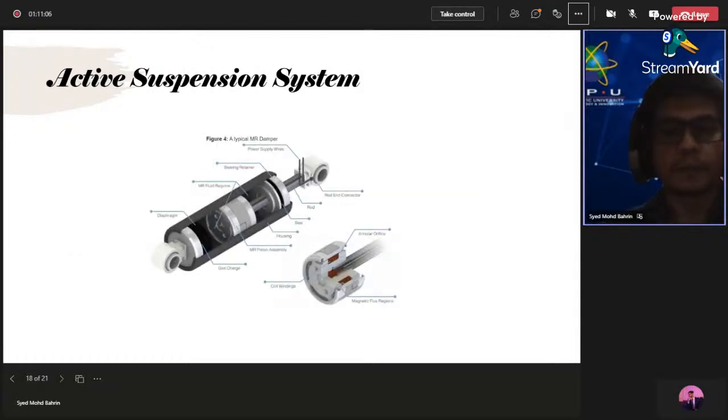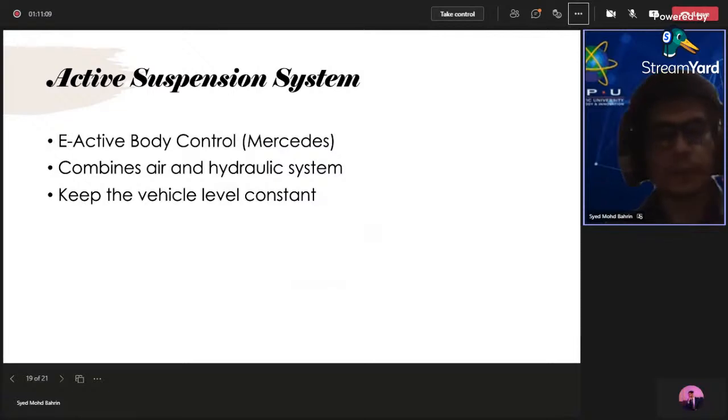All right. The last one that I'm going to discuss is the active body control, ABC. It's being used mostly by Mercedes. In previous years they called it ABC, active body control, but quite recently, in 2020 if I'm not mistaken, they changed the name to E-active body control.